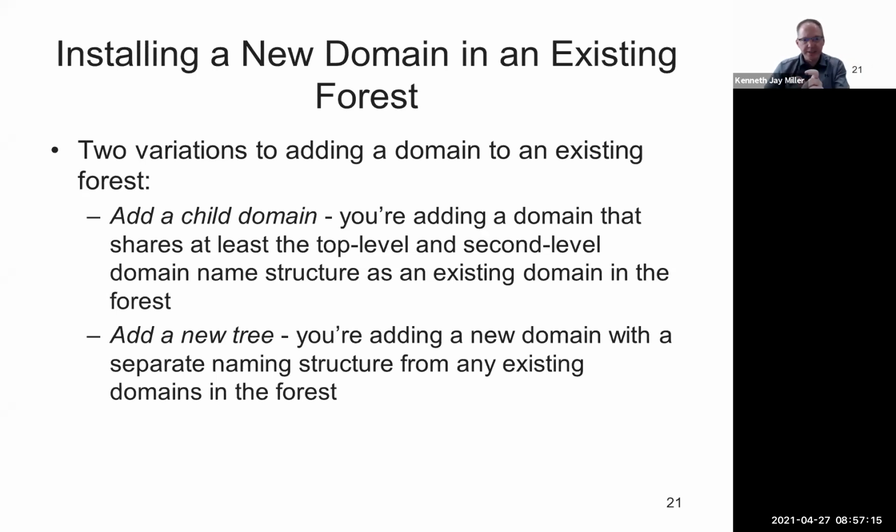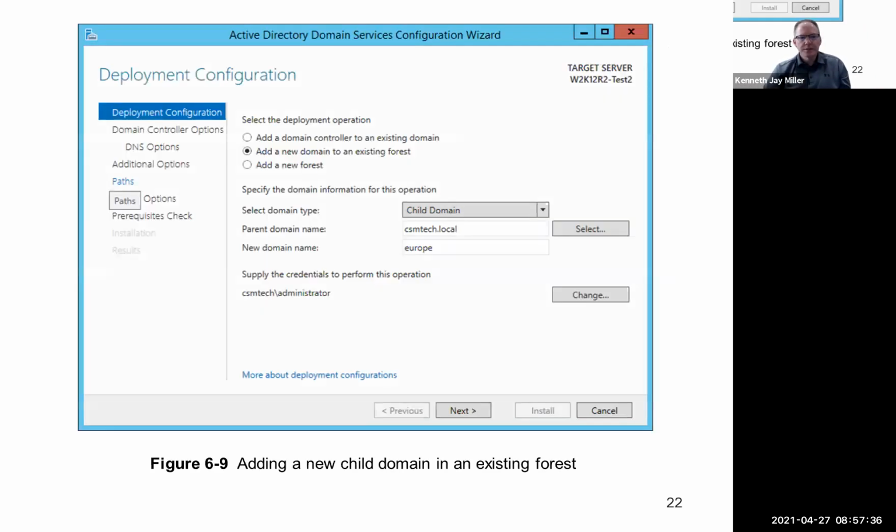So tesla.com, we would have walnut.tesla.com. So that'd be a child domain. Or we can add a new tree, which would be a new name altogether. So like we have Cool Gadgets and then Nifty Tools, those are two separate trees inside of the forest of everybody. All right. So here's where the options are there.